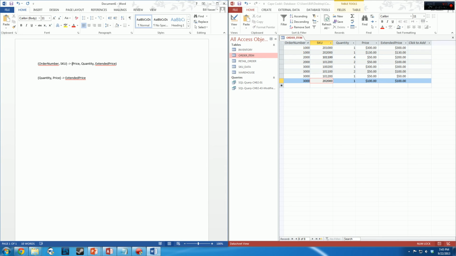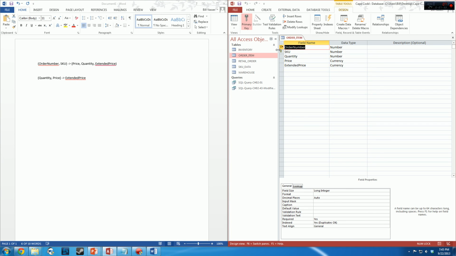So these are the two functional dependencies in the order item table. And we can actually validate this one because it's the primary key of the table. Using order number and SKU, we can uniquely identify everything else for every record.